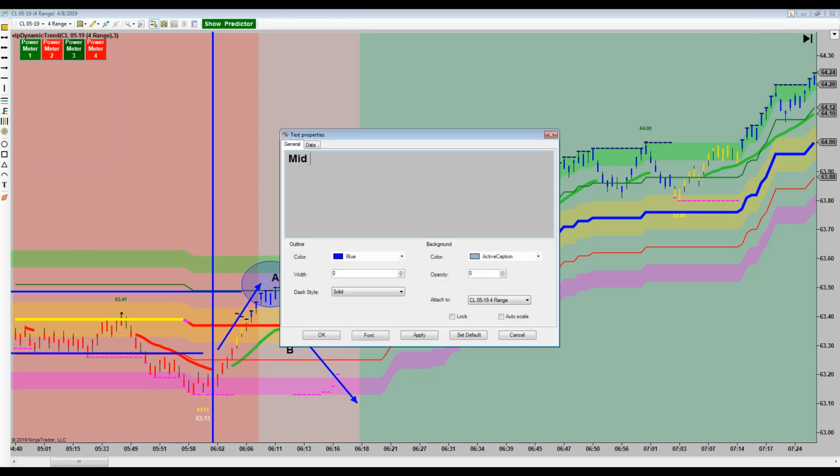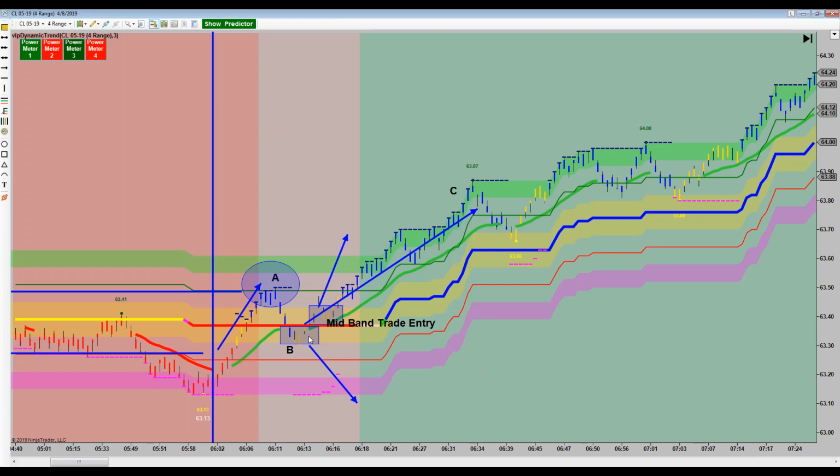The mid-band trade entry is located at or around the mid-band itself, which is a thick line in the middle of all the bands.